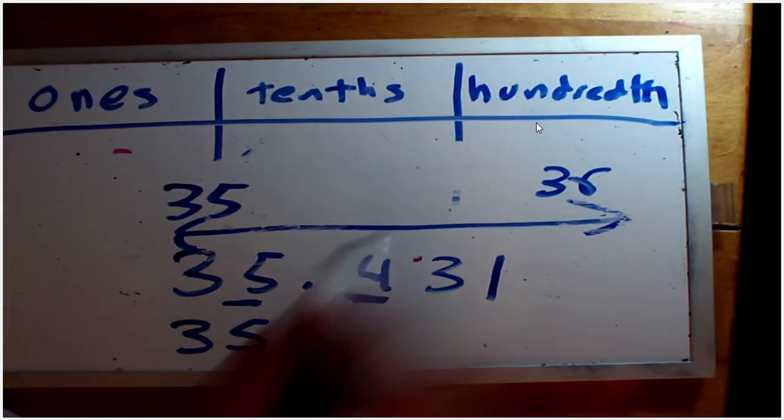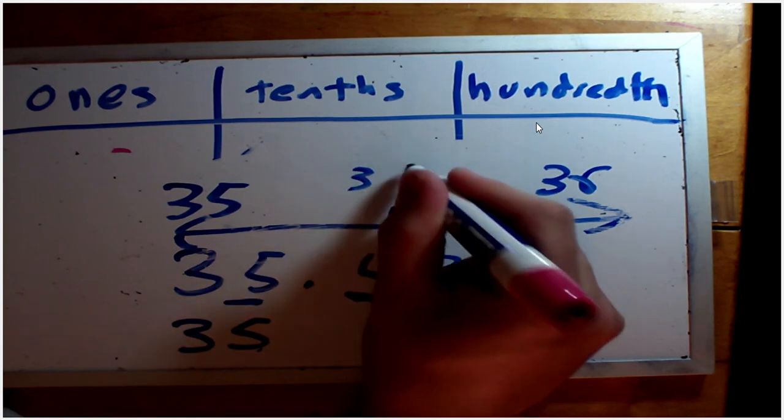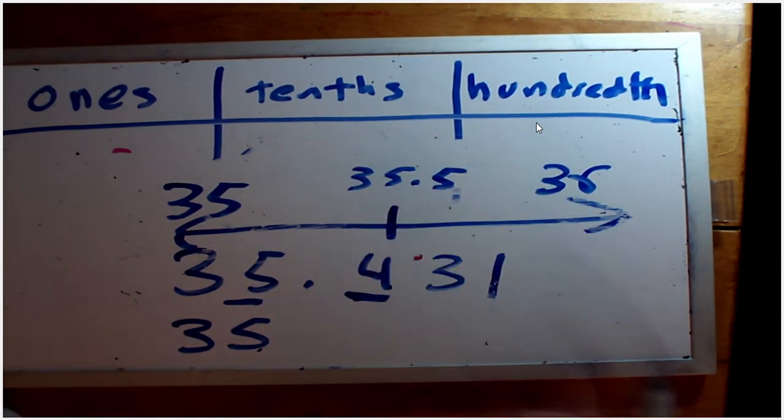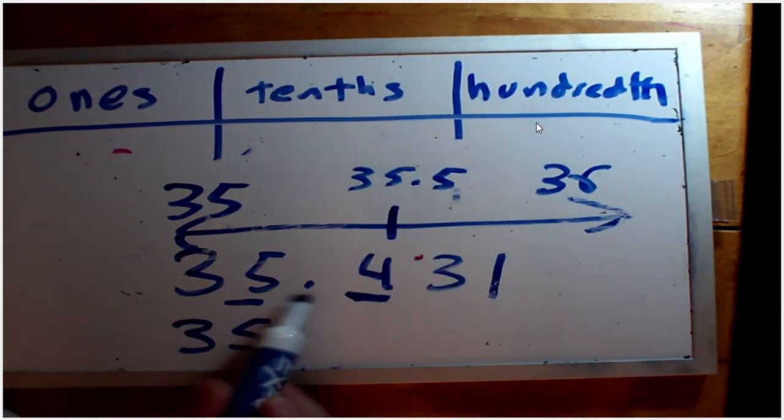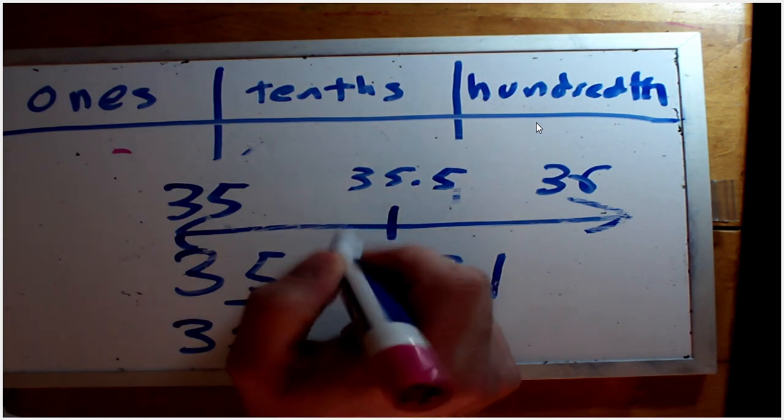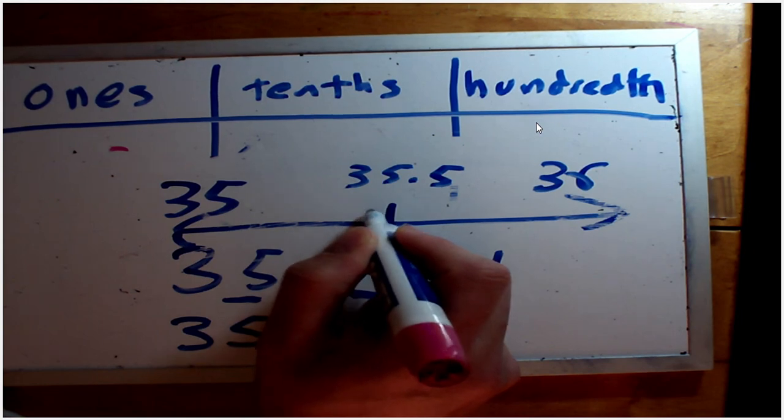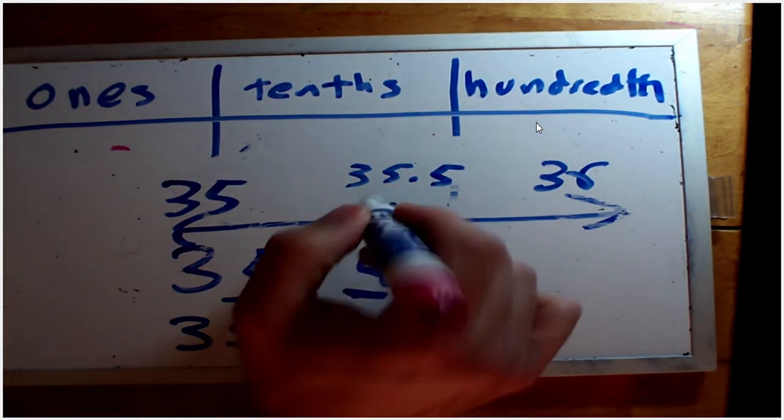If this would be 35 and 5 tenths, which is the halfway marker, 35 and 431 thousandths would most likely be somewhere around here. So that's why it shoves down to 35.